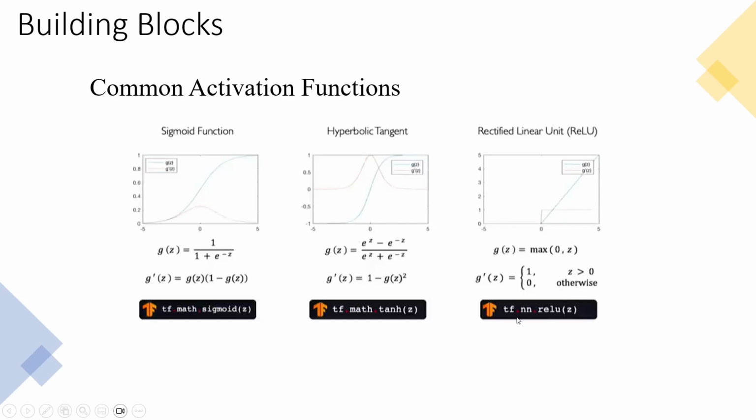If you would like to use this as your activation function, that's called ReLU. That's a very popular one. All these three are very popular basically, but their usage is different. You usually use ReLU in hidden layers, but you use these two activation functions at the output layers. That's one thing you need to remember as well.